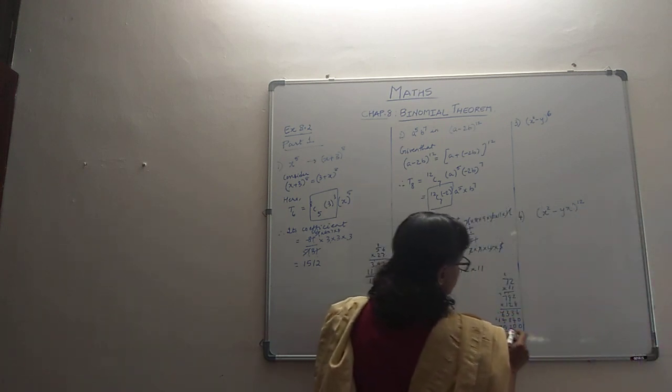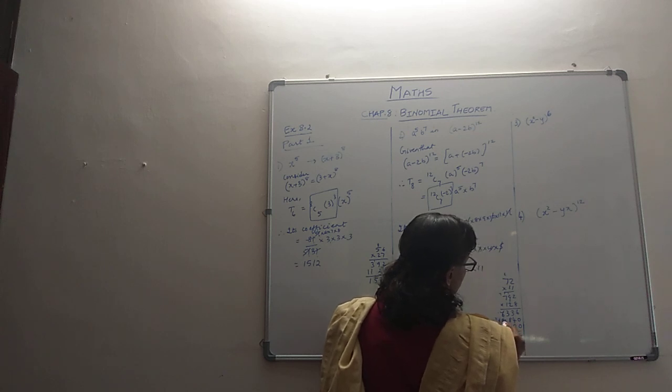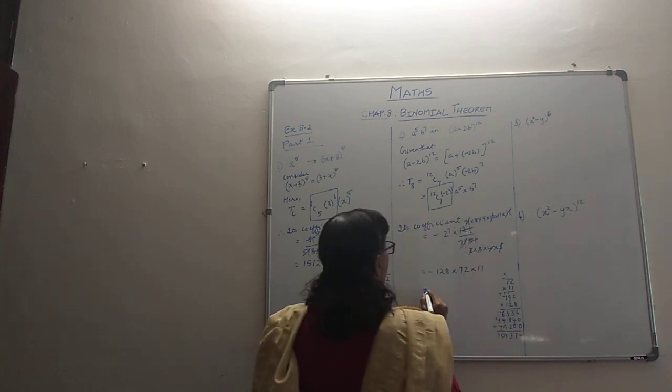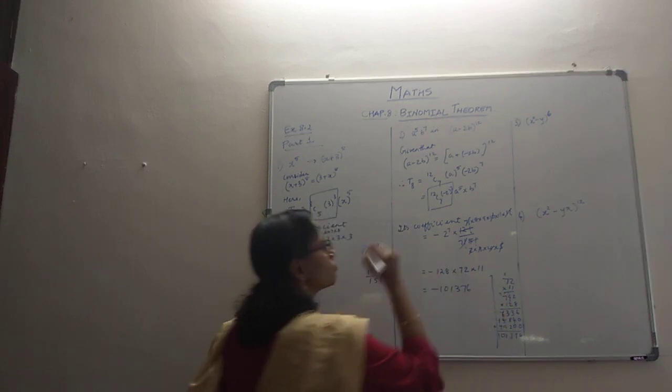No, I need to check this. 9 and 5 is 14. 14 and 6 is 20, 21. There's one carryover. Yeah, that's how it is. Minus 101376 is the coefficient that comes up for this expression.